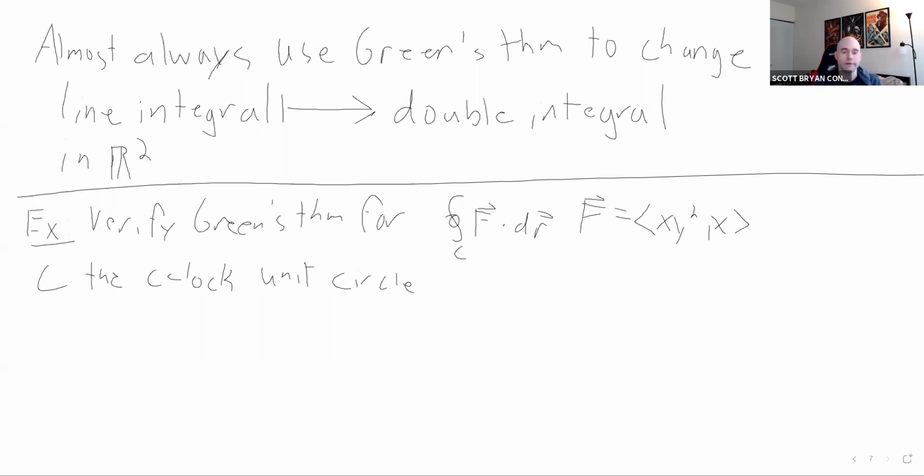Okay, so really quickly, we're going to do the line integral, and we're going to do the double integral over the enclosed region, and we're going to show that we get the same thing. Normally, we would just do the double integral because it would be easier, but we're just showing we get exactly the same thing when we do both here.